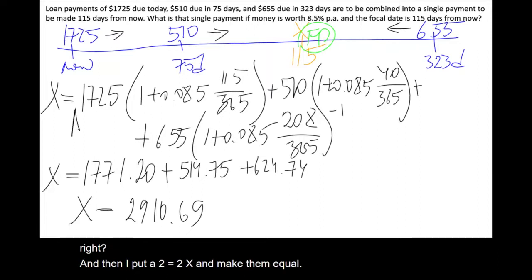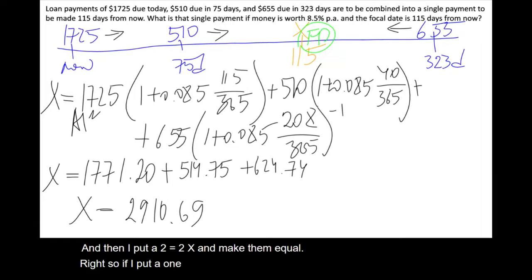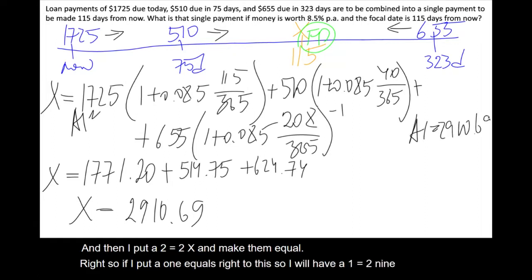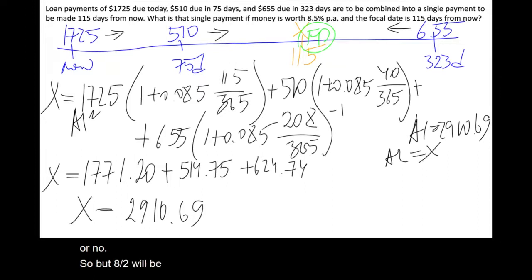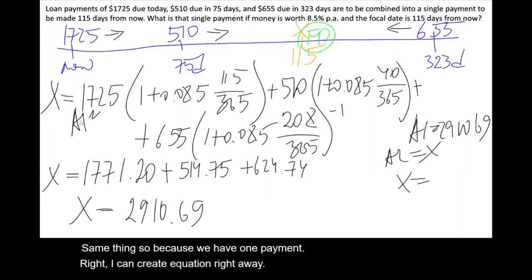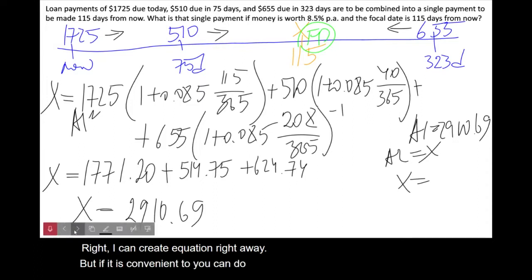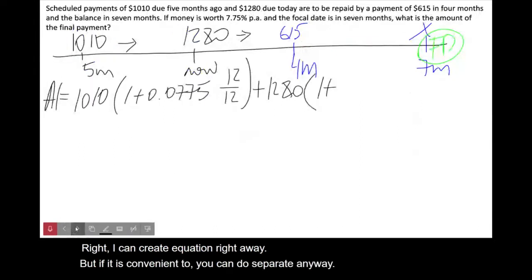If I put A1 equals this, I will have A1 equals 2,910.69, but A2 will be X. Because we have one payment, I can create the equation right away. But if it is convenient to you, you can do it separately anyway. I just skipped one step.